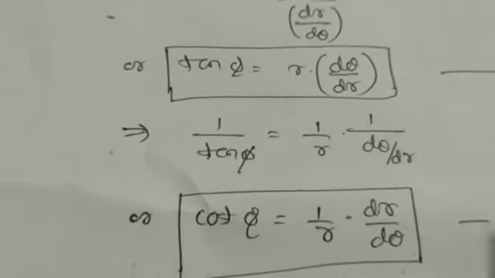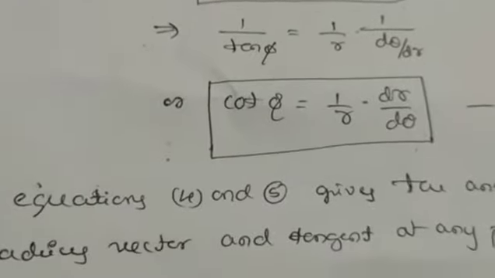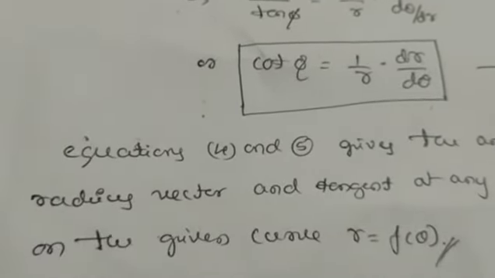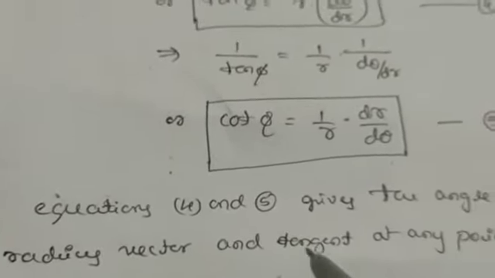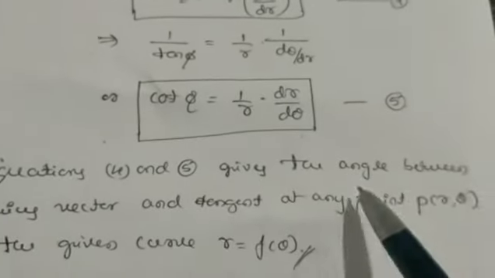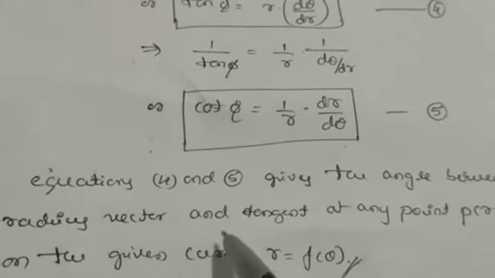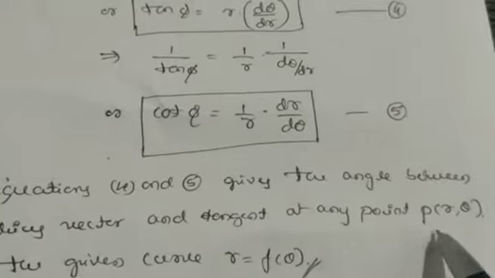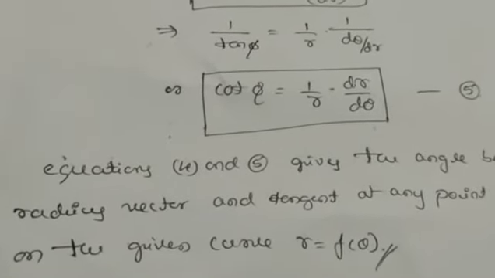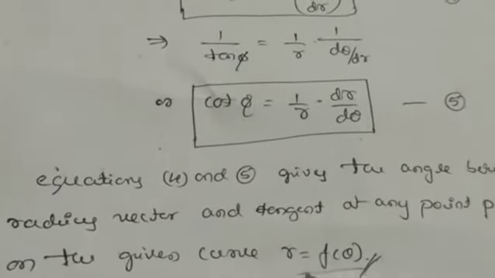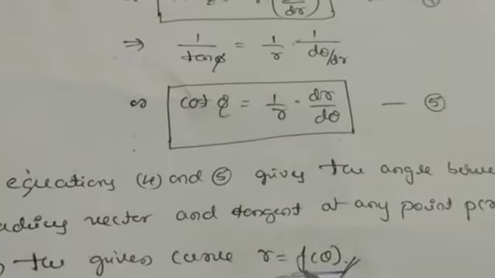So these two relations, equations 4 and 5, we use for finding the angle between the radius vector and the tangent at any point P of the given curve r equals f of theta, or f of r, theta equals c.